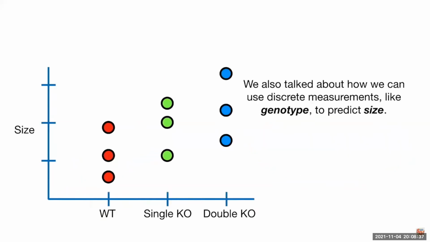We also talked about how we can use discrete measurements like genotype to predict size. If you're not familiar with the term genotype, don't freak out. It's no big deal. Just know that it refers to different types of mice. Lastly, we could compare models.